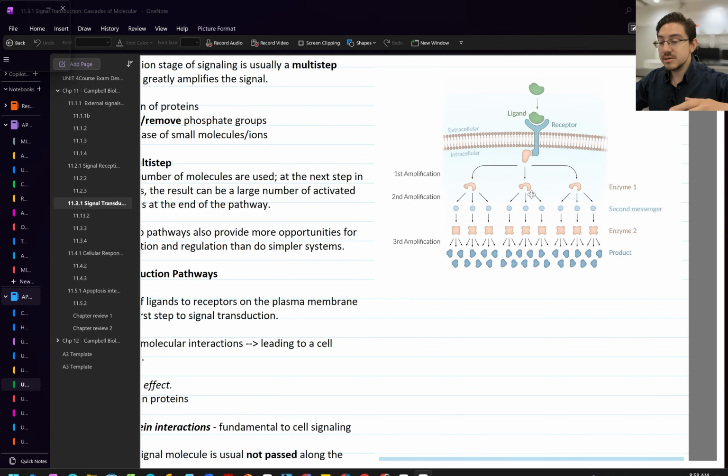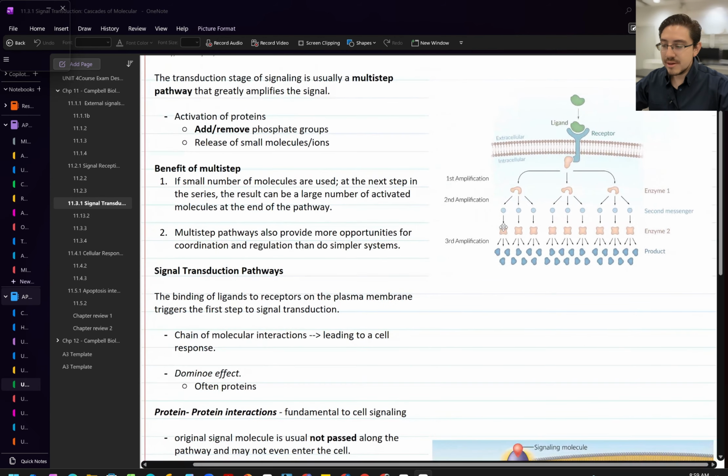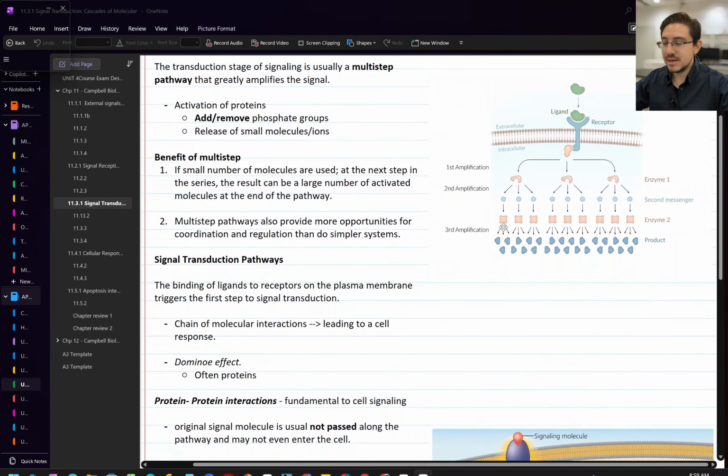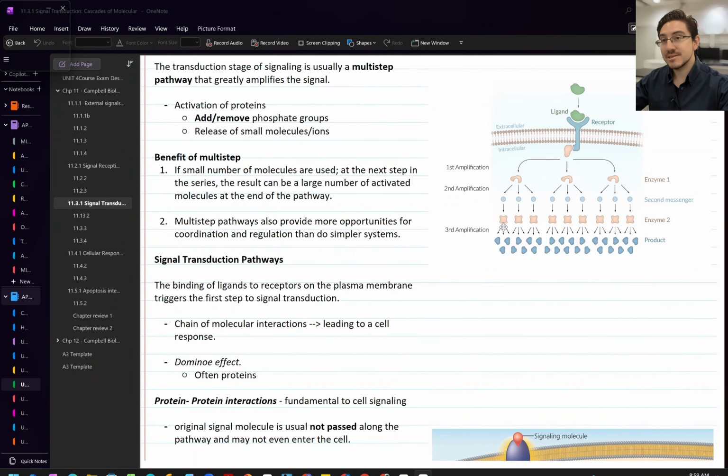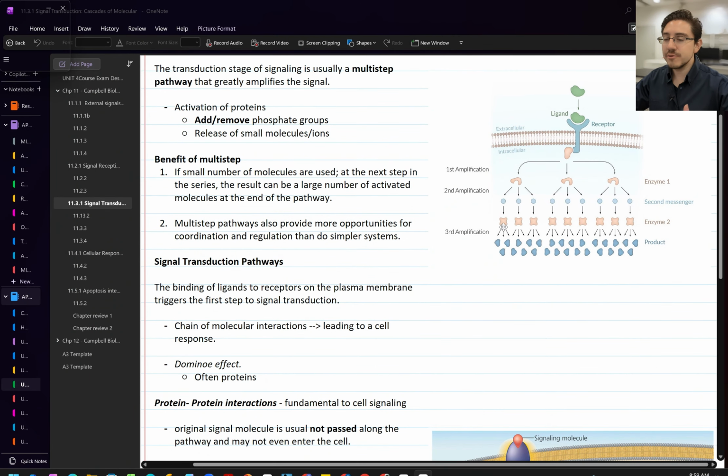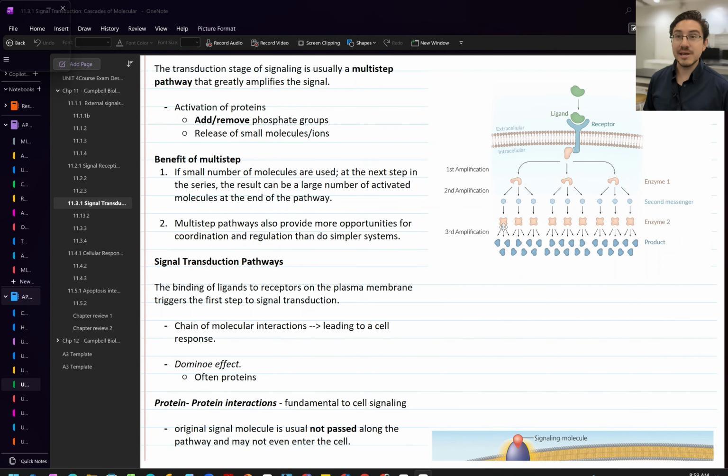And then each of these enzymes can then amplify and activate their own set of 3 molecules, and then more and more and more. So this idea of having a multi-step process can help the cell coordinate better, can amplify a signal a lot faster, ultimately for the cell to elicit some type of response from the stimuli that it is obtaining.